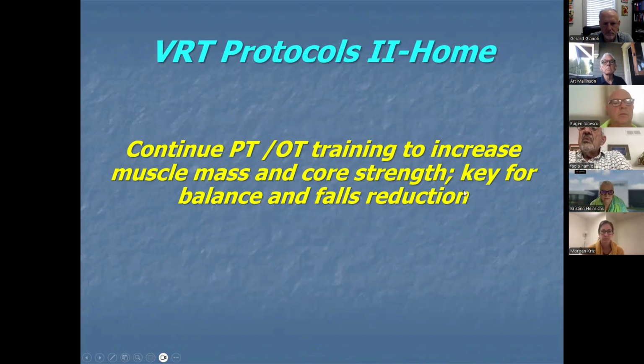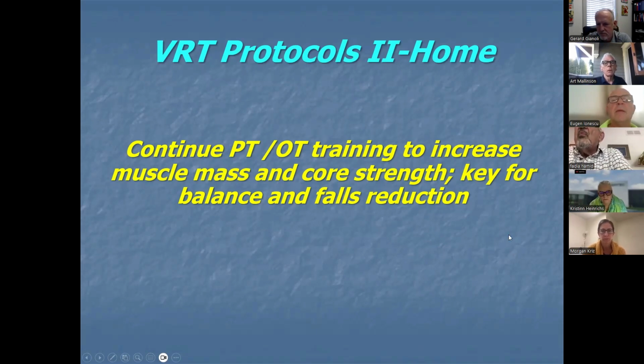Definitely, they need to continue, especially the bilaterals, with physical therapy and occupational therapy. Really increasing muscle mass and core strength is a key element in maintaining balance and reducing falls. I'm sorry, I don't remember the physical therapist that just spoke.